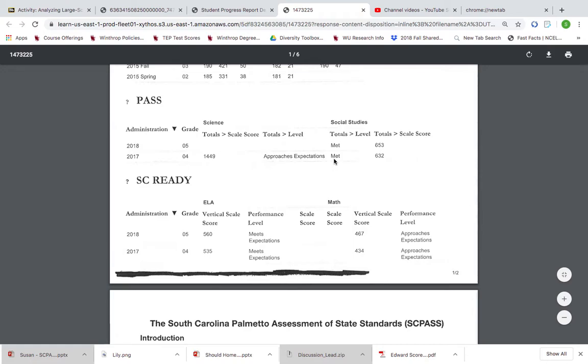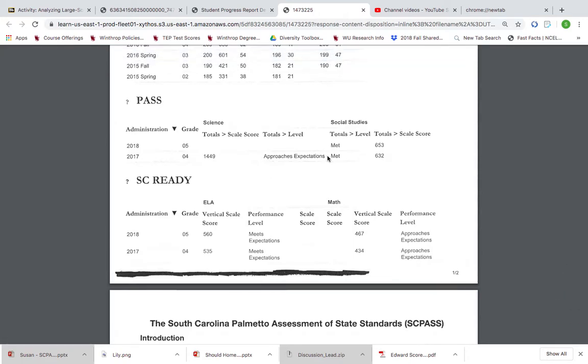A key term here is approaches expectations, right? So anytime that we are labeling students into different levels, we call those proficiency levels, such as below, approaching, meets, and exceeds. Those are proficiency levels. And anytime we're putting students into levels like that, it's their level toward meeting a predetermined standard.